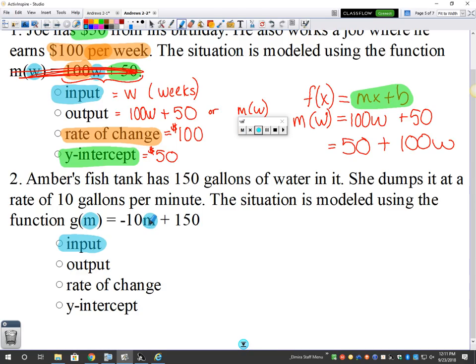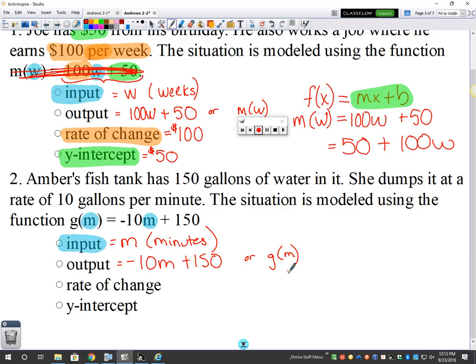It's in the parentheses, and that stands for minutes. Our output is the whole expression, negative 10m plus 150, or gallons in terms of minutes.